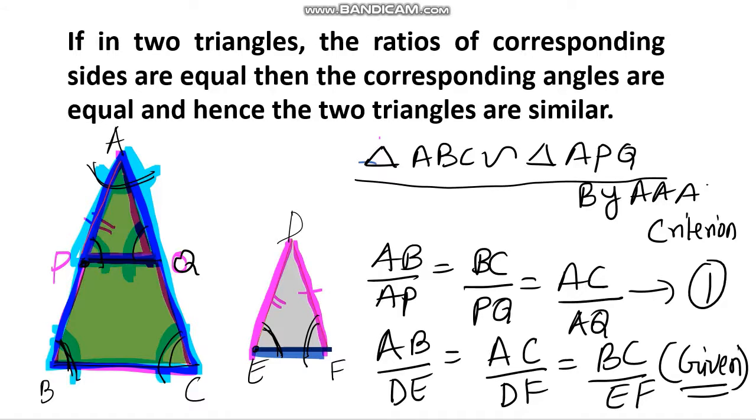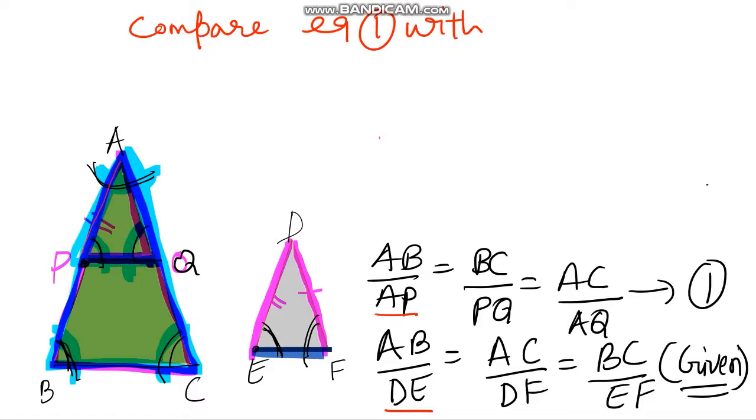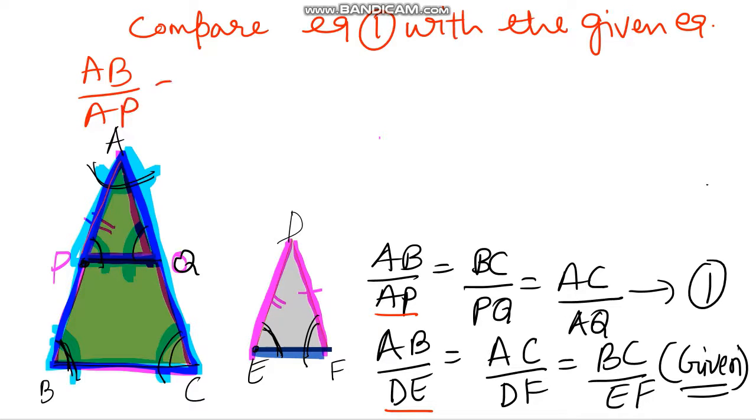So if you compare this, what shall we get? Now see here, we have taken AP equal to DE, if you remember. So AB by AP is nothing but AB by DE, isn't it? Compare equation 1 with the given equation. So what will you get? AB by AP will be equal to AB by DE because we have taken AP equal to DE.